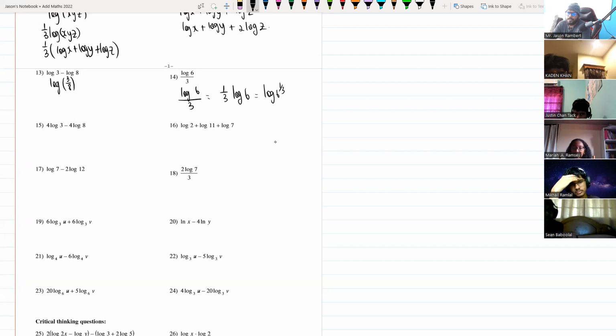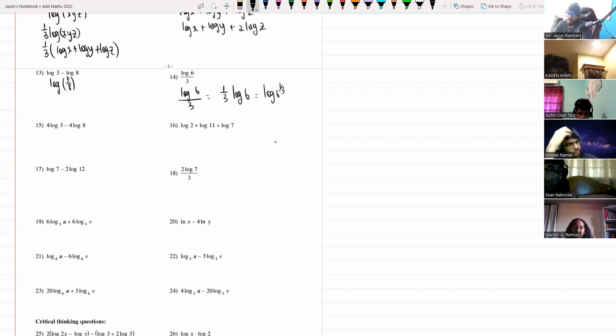Next, I have the same base, but I want to have log of a number. So I'll send the 4 on top, and then I will use log 2. So this is log of 3 to the power 4 minus log of 8 to the power 4, which is log of 3 to the power 4 divided by 8 to the power 4.